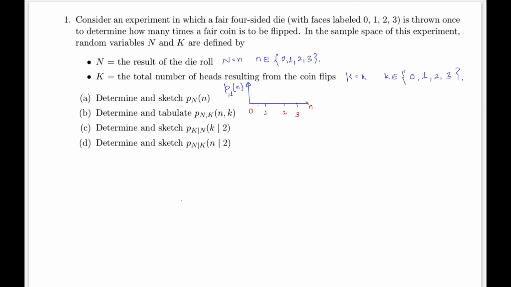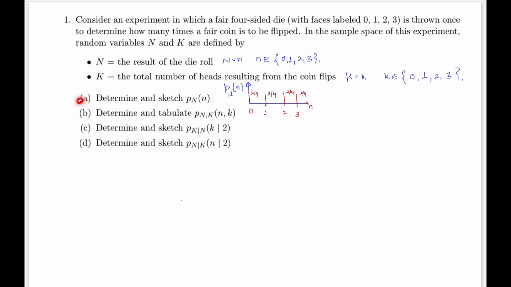All will be equally probable. That means N can take the value 0 with probability 1 divided by 4, the value 1 with probability 1 divided by 4, the value 2 with probability 1 divided by 4, and the value 3 with probability 1 divided by 4. So this is the PMF of the random variable N.